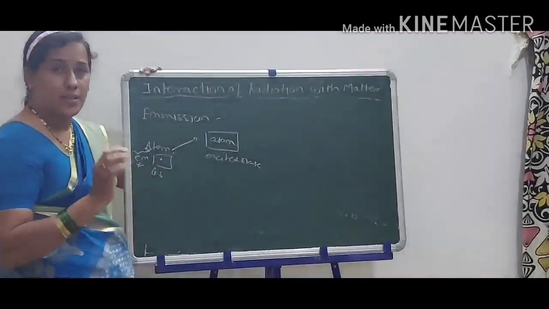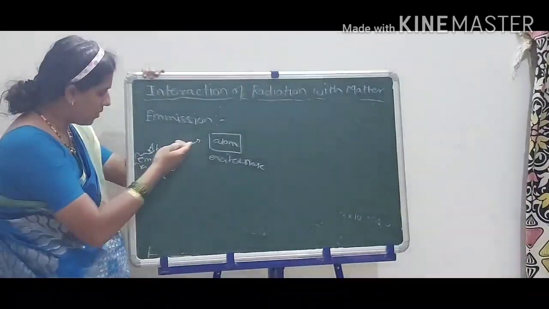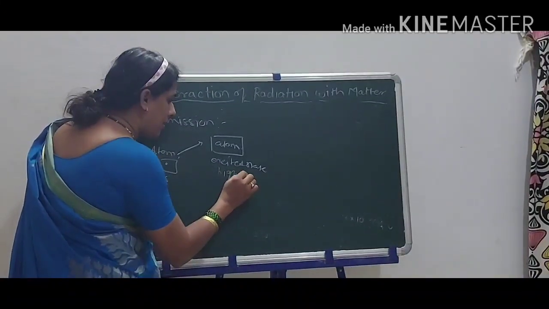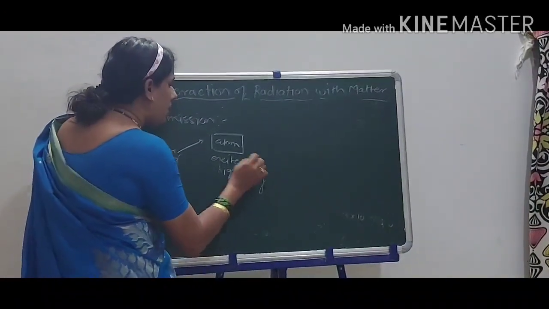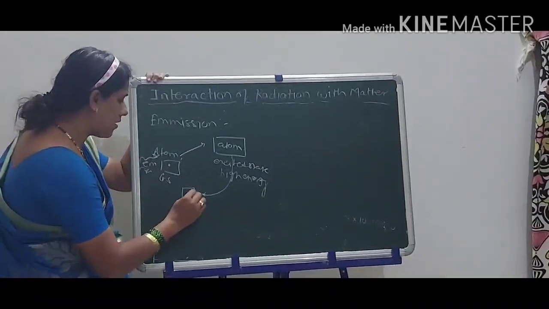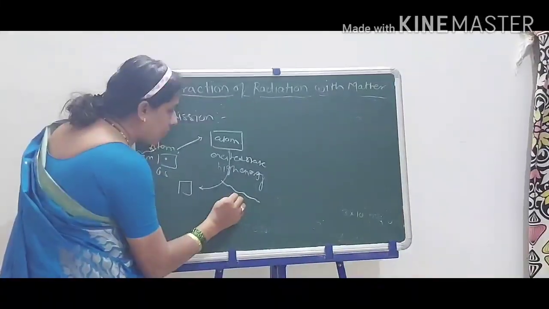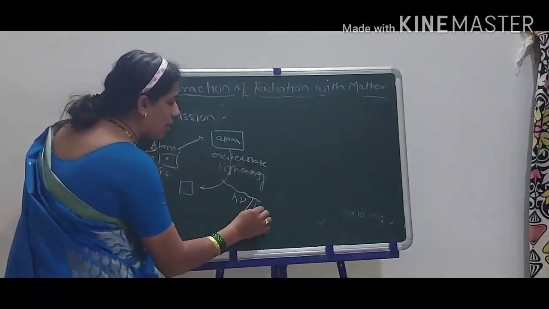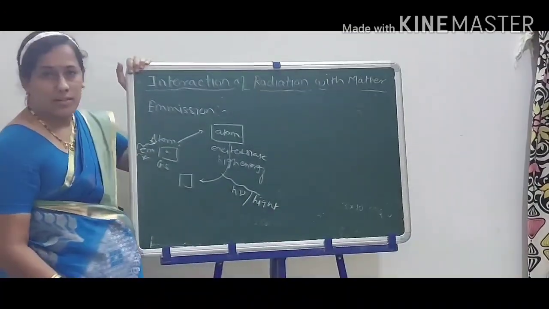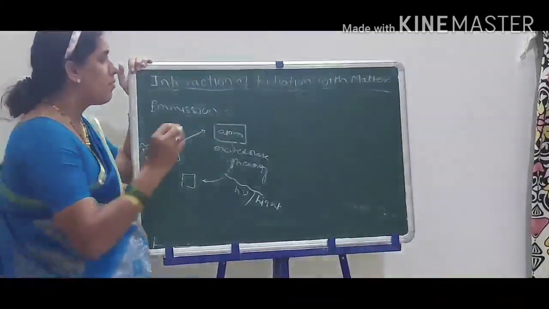Now, when the atom is in an excited state by absorbing electromagnetic radiations, it has higher energy, but it tends to return to its original ground state by emission of certain energy in the form of light or some kind of rays. This process is called emission.